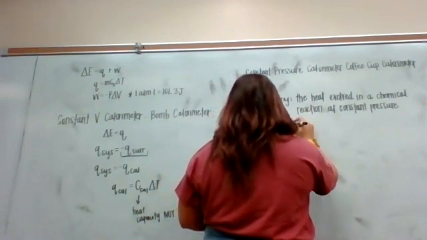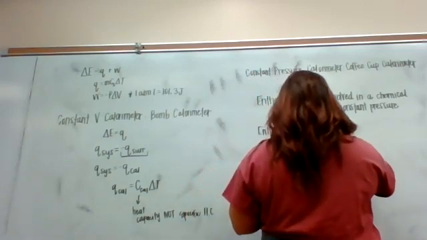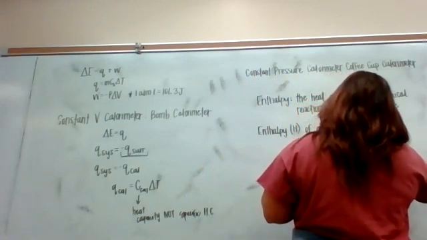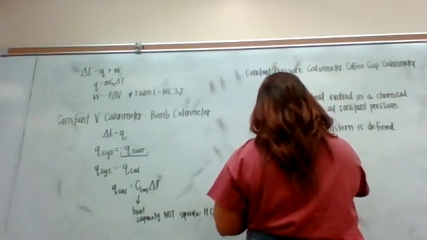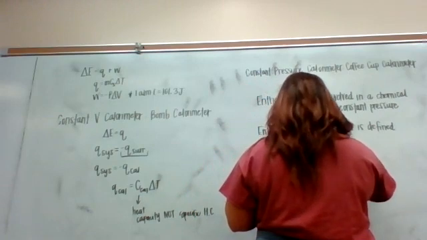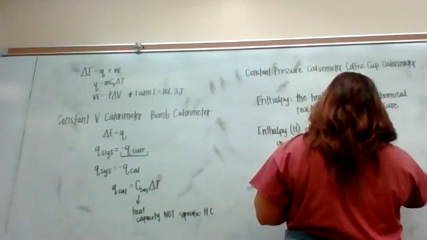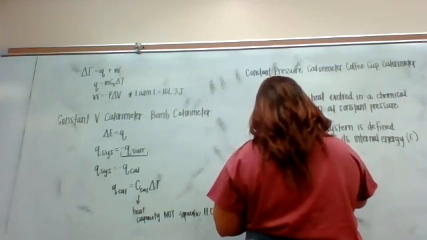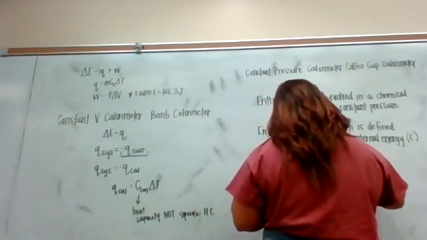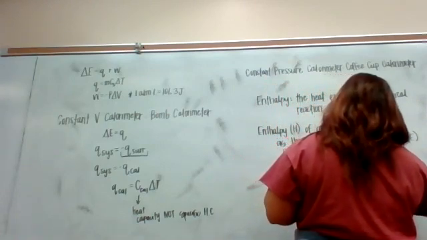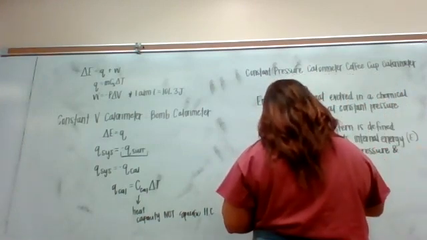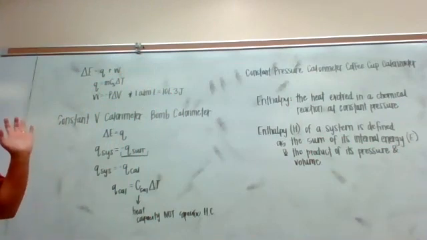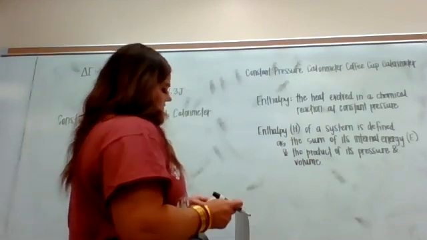It is abbreviated with the letter H. Enthalpy of a system is defined as the sum of its internal energy and the product of its pressure and volume.